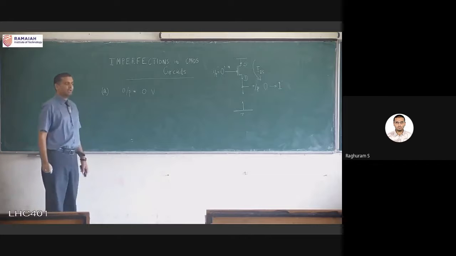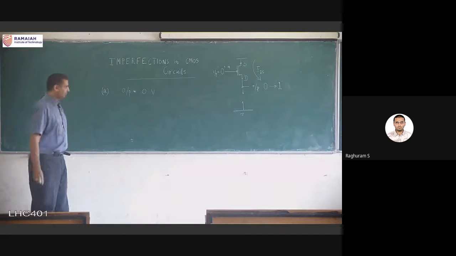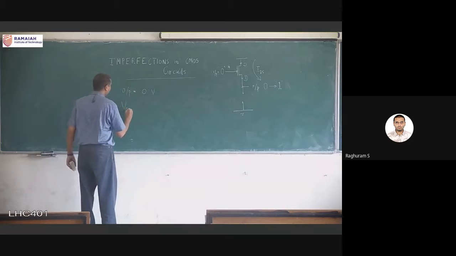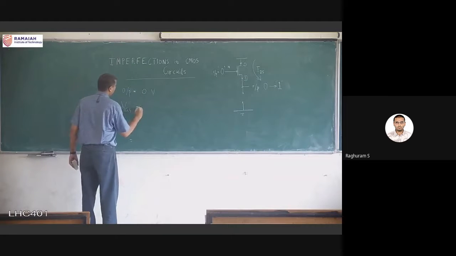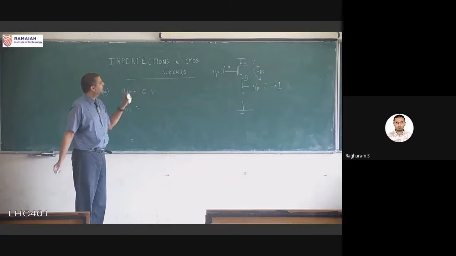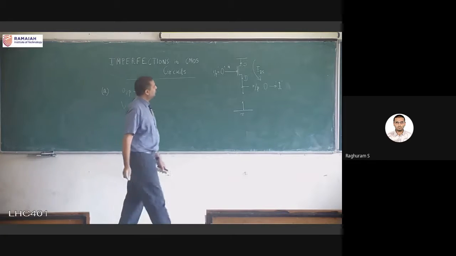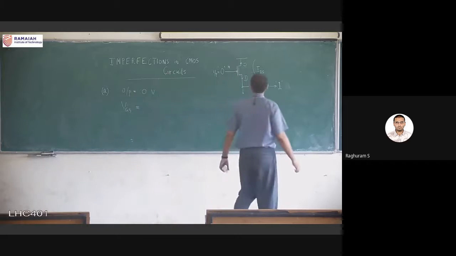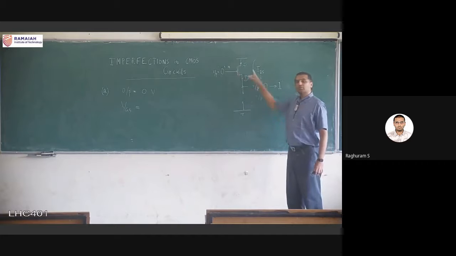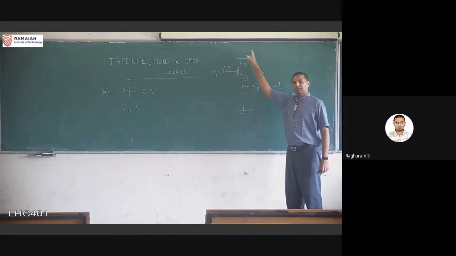Output equal to 0 volts. This is the first. So for each value we just have to write VGS equal to 0 minus 2, since the gate is at 0 and the source S is connected to VDD.